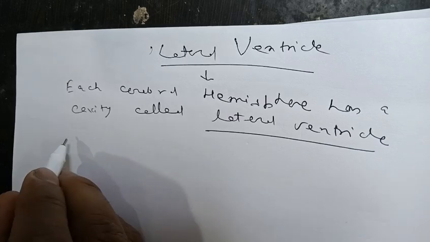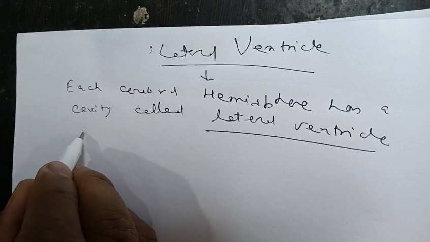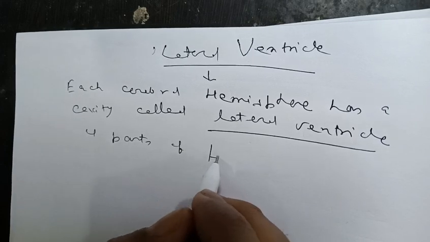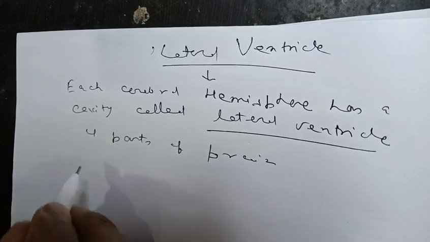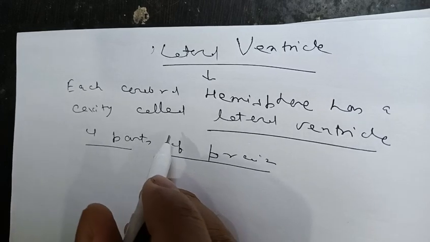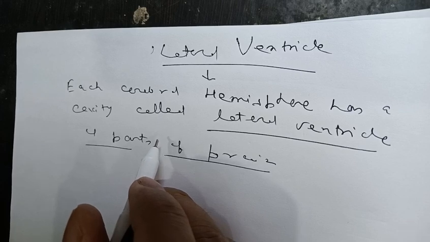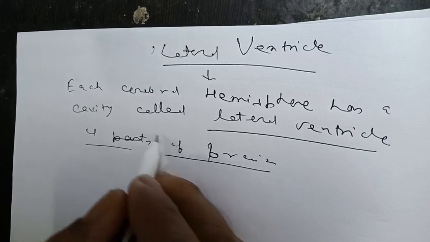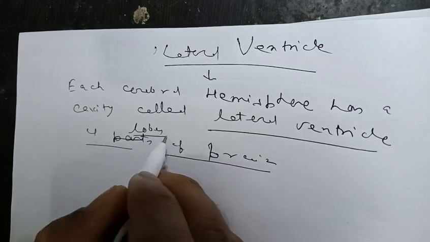And we know that there are four parts of the brain. What are the four parts? The four lobes of the brain.